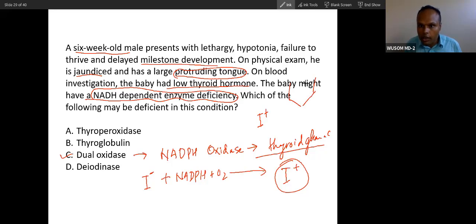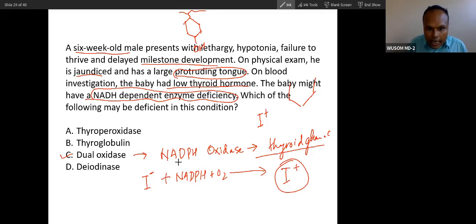This is a ring that is present in tyrosine. Tyrosine has an OH group here, and this is attached to the protein chain here. So this I plus will attach selectively to this ring.